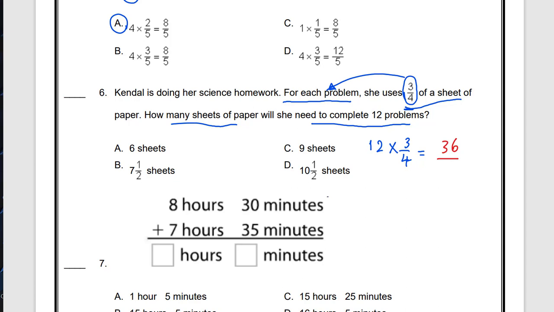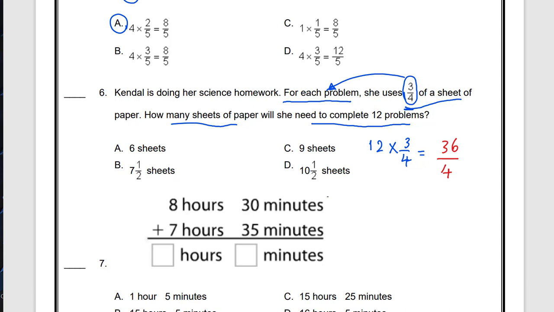You should multiply the denominator also? No, we do not multiply the denominator. So, keep it. It's only 4. Okay, 36/4.